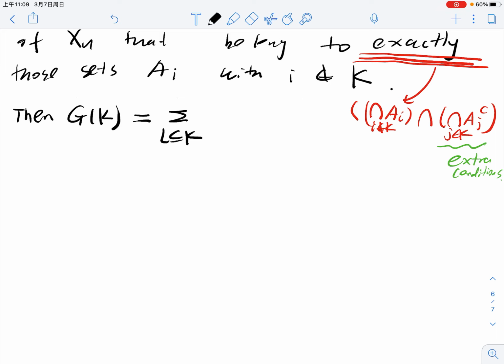So G(K) is a summation of F(L) for all L contained in K. This is by definition.